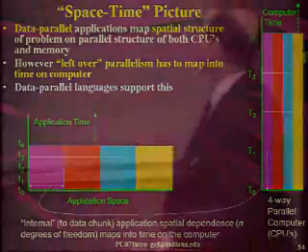All right. So we come back to a picture we've seen many times before. I pointed out that we could think of programming, as always, as mapping a complex system representing the application to a complex system representing the computer. And we had this so-called space-time picture where both the computer and the application had some sort of data space and some sort of time attached to it.